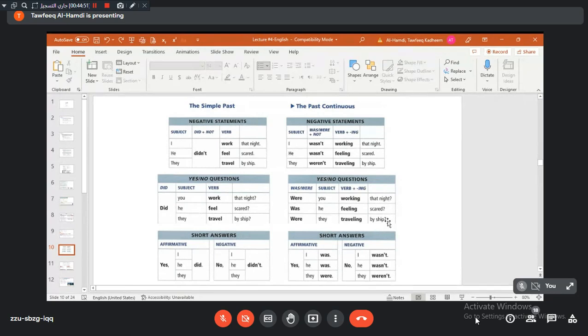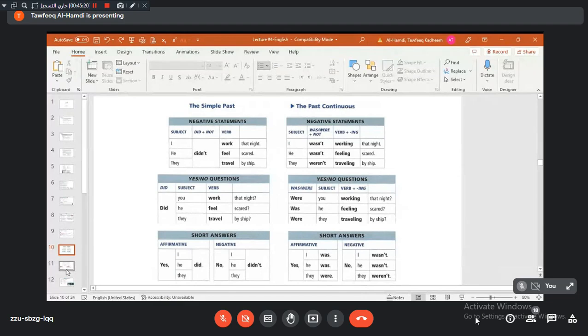The short answer for the past continuous form, in the case of affirmative, I can say yes, I was, yes, he was, yes, they were. In the case of negative, I can say no, I wasn't, no, he wasn't, no, they weren't.